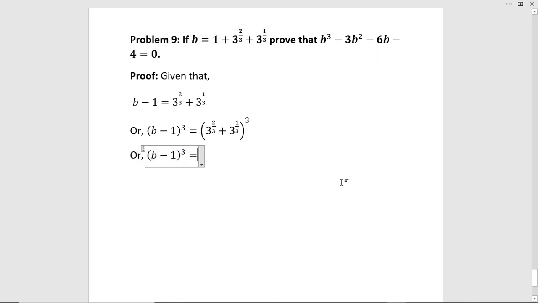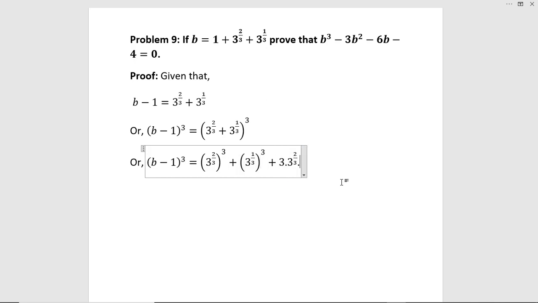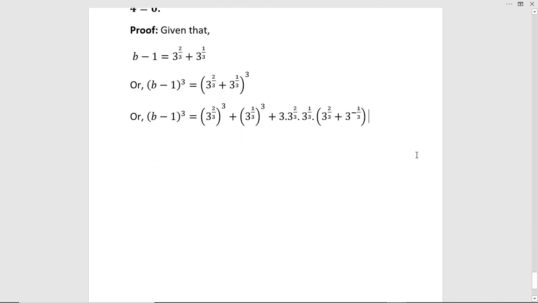Then taking the cube on both sides, we can write 3 to the power 2 by 3 whole cube plus 3 to the power 1 by 3 whole cube, a cube plus b cube plus 3ab into a plus b. This is what we have to write. Now look at this 3 to the power 2 by 3 plus 3 to the power 1 by 3.